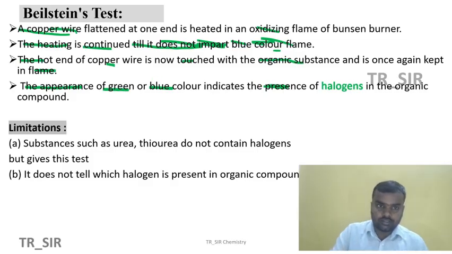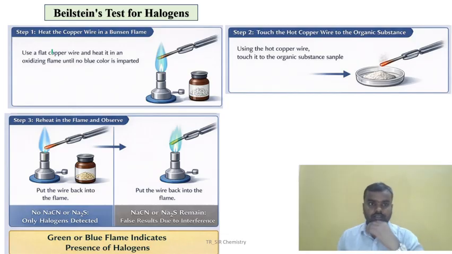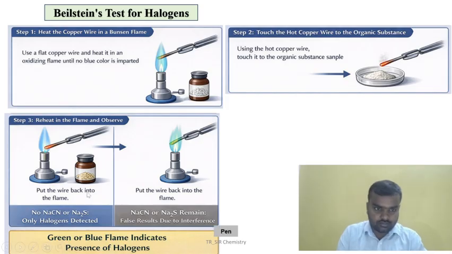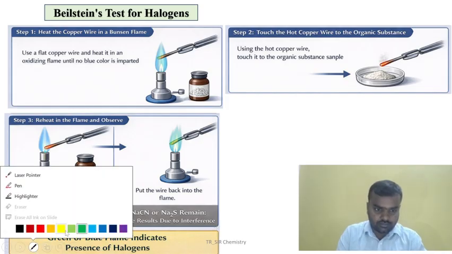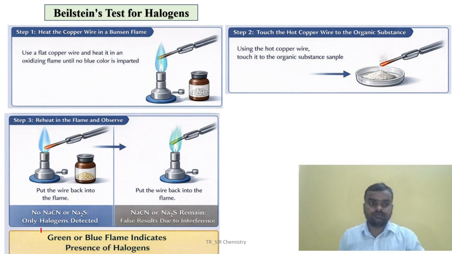Now we'll come to the diagram of this test. What happened here? See here. So this is the copper wire. You have taken this copper wire. Let me not take this one so that there will be no confusion. What I will do now, I will take this red one. Okay, so this is the copper wire.